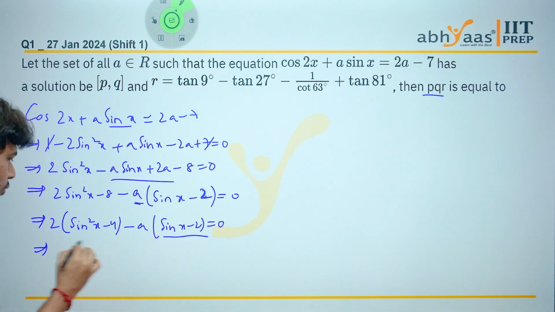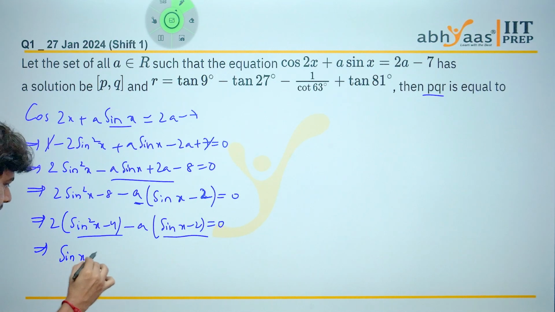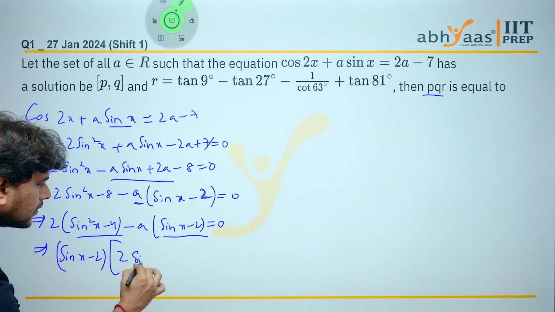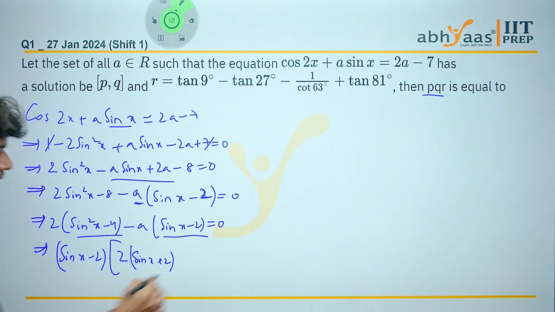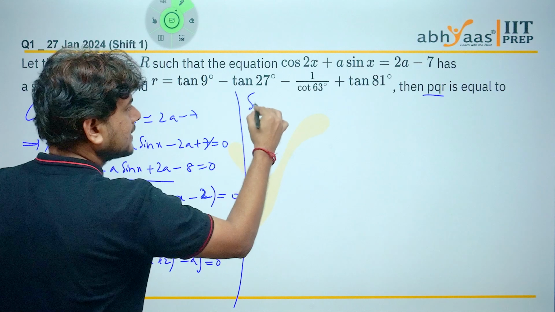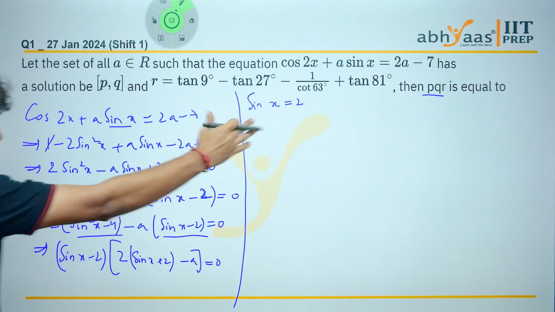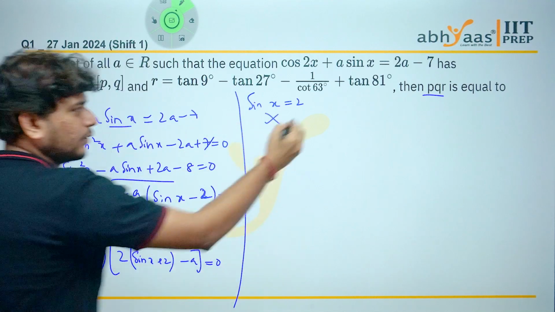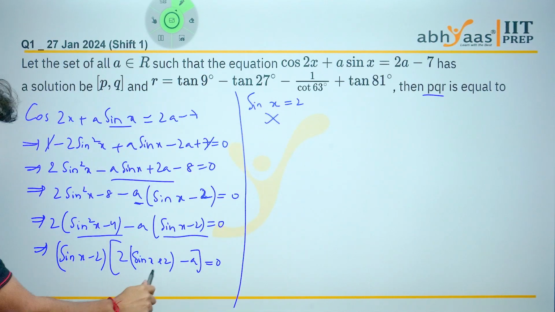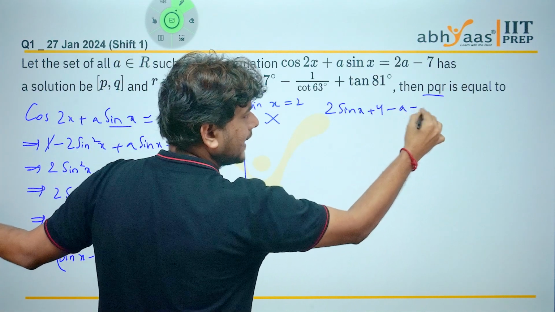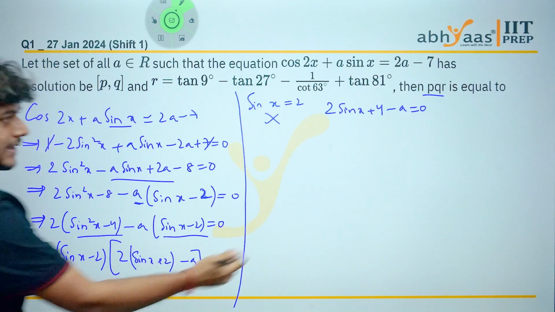If we take sin x minus 2 common from both sides, we will have 2 sin x plus 4 minus a equal to 0. So we get either sin x minus 2 equal to 0, meaning sin x equals 2, which is not possible, or 2 sin x plus 4 minus a equal to 0.